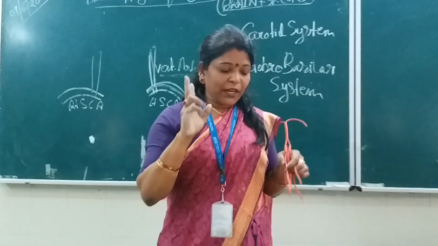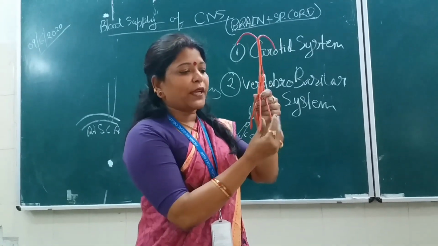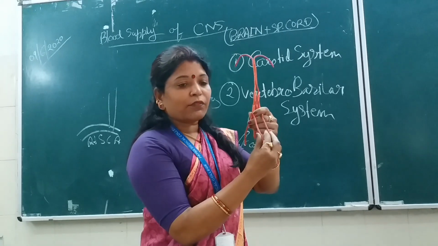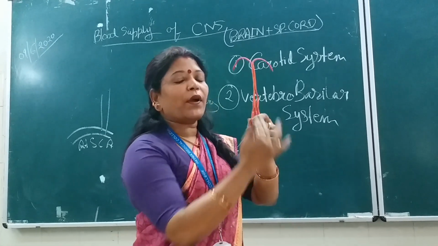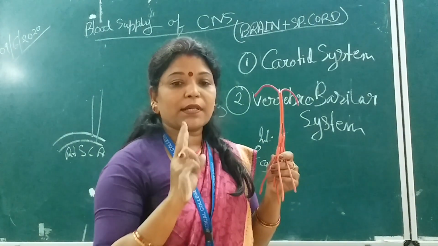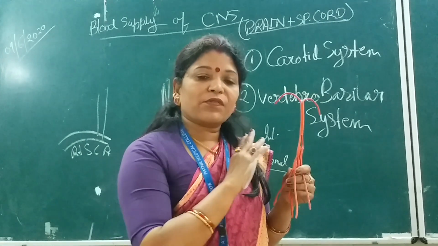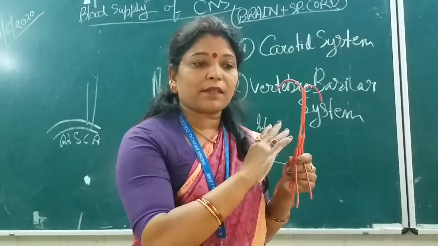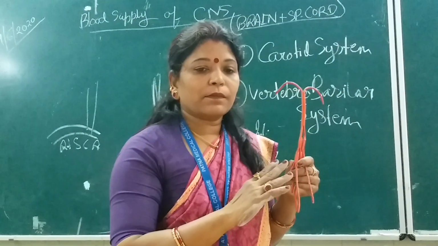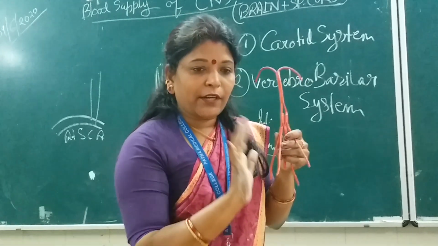Yes, very good. So look here, one pair of this vertebral artery will go inside the cranial cavity in the posterior cranial fossa by piercing the dura and the arachnoid mater. Why? Because these vessels have to lie in which space? The subarachnoid space. So the pair of vertebral arteries is here in front of you.